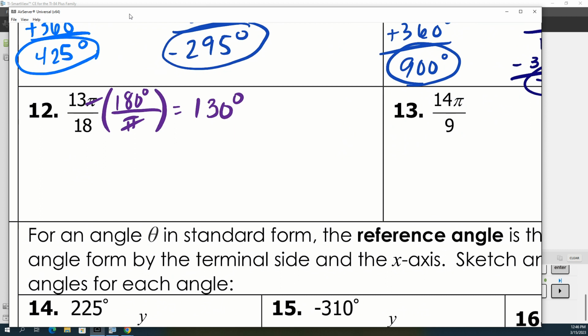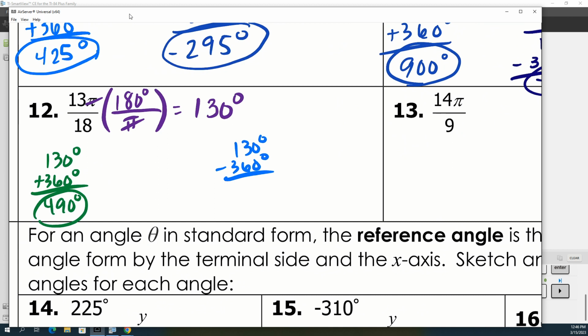So now what we'll do is take that 130 and add 360 and subtract 360. All right, there's my positive and negative coterminal.